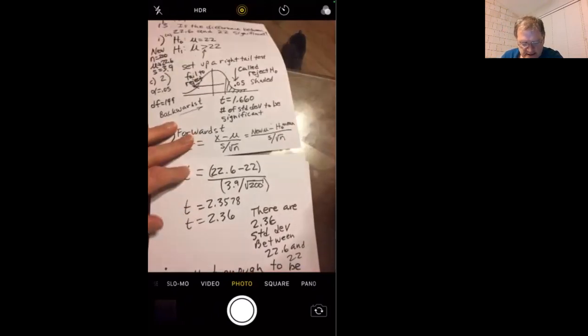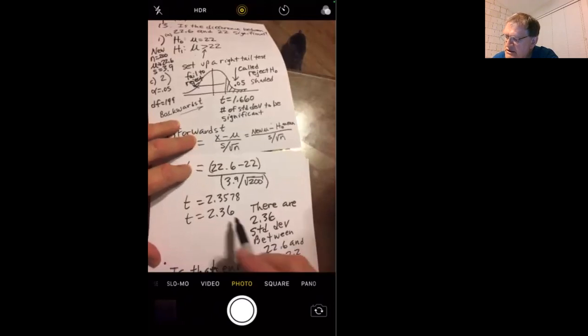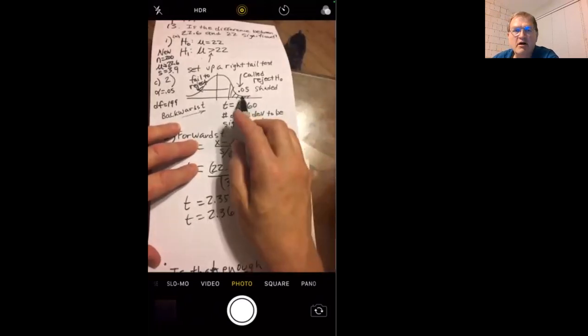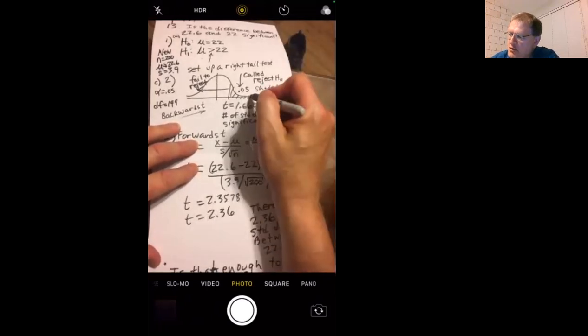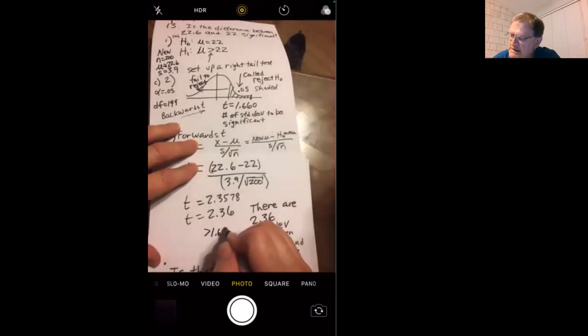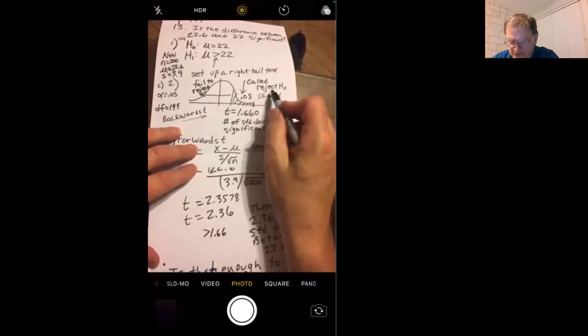When I put 2.36 up here, see, it's way over here, greater than 1.66, enough to reject the null hypothesis.